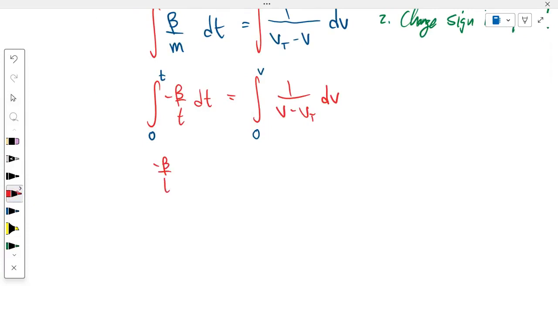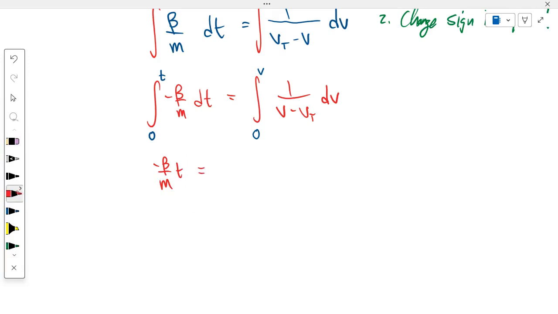We get that evaluated from 0 to t, so it's just negative beta over m, there's your integral evaluated from 0 to t. Pardon my mistake.